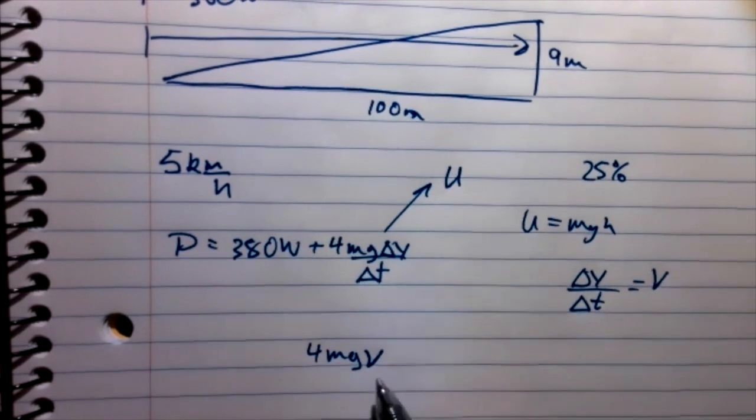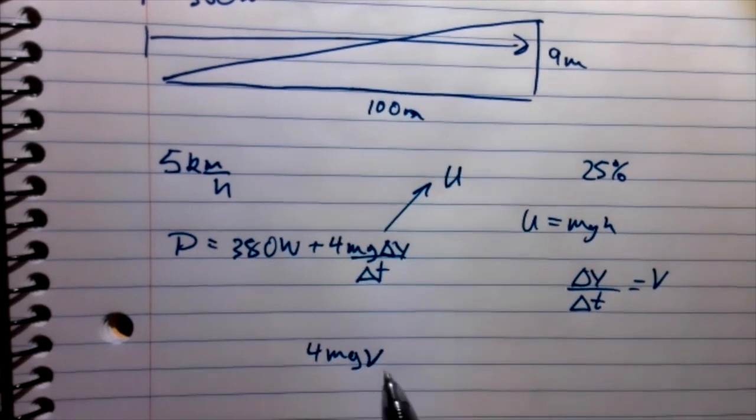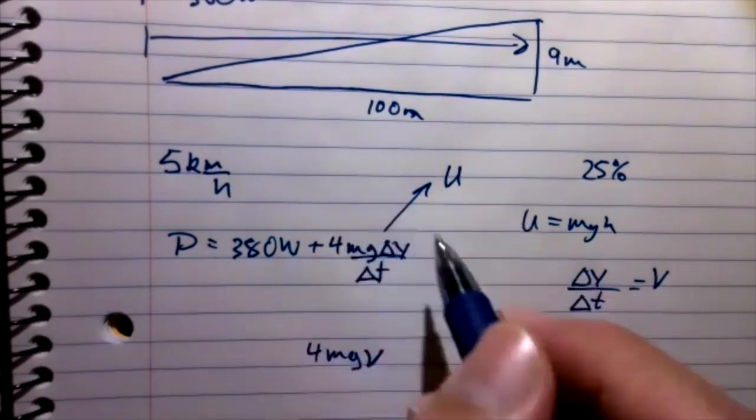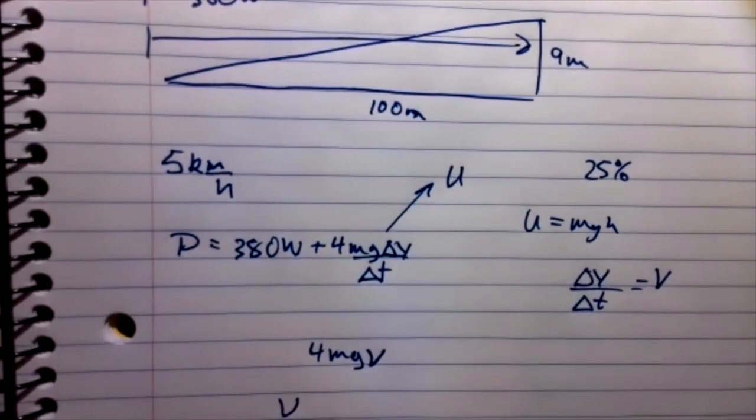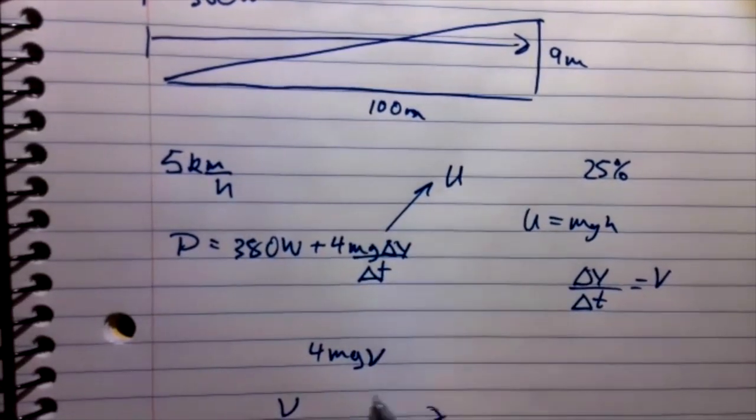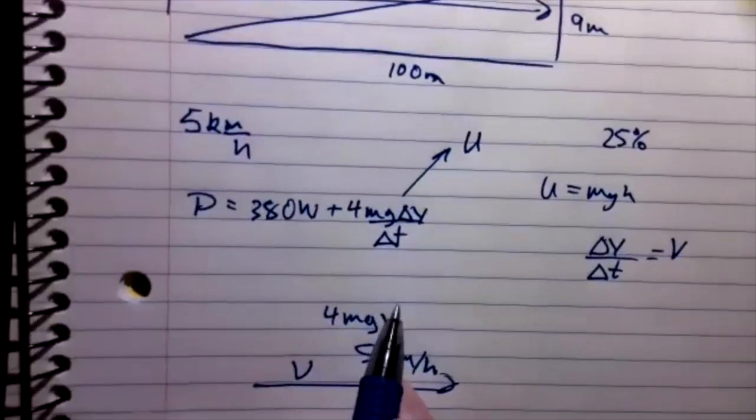That's our velocity if you're traveling, say, in the x direction, right? We know that she's going this way, 5 kilometers per hour, but this is the velocity that she's going up.